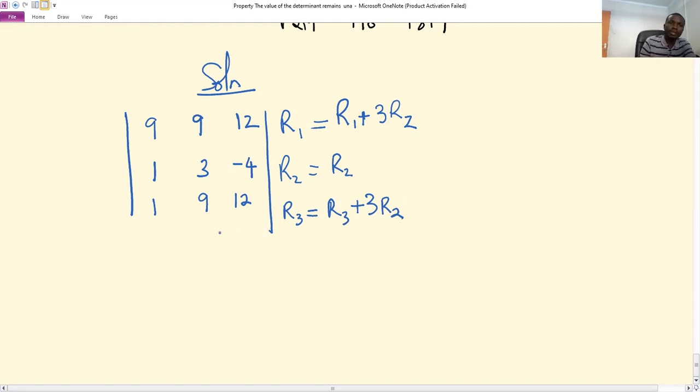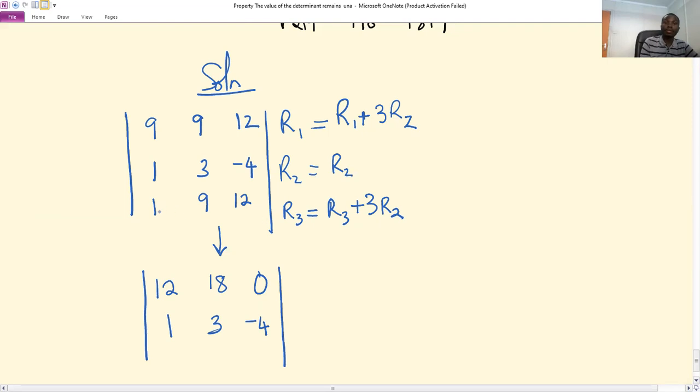So this will give us, row 1 plus 3 row 2, so 9 plus 3 times 1 is 12. 9 plus 3 times 3 is 18. 12 plus minus 4 times 3 is 0. So that's what you get. And then row 2 is 1, 3, minus 4.